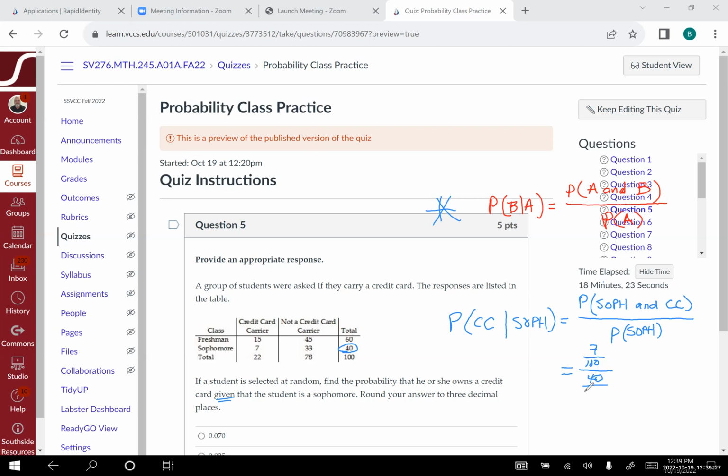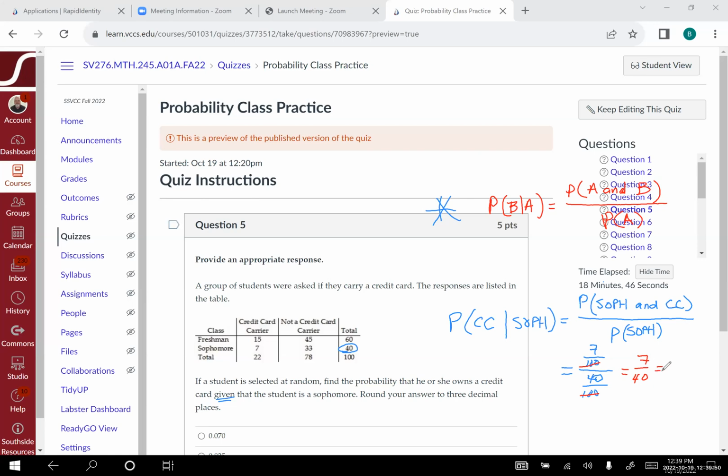In the sample? 100. Still 100. So you can see that here again, these denominators match, so they end up just canceling out. And you say, well, why do you keep writing them down? Well, because the question was, what's the probability of being a sophomore? And the probability of being a sophomore is 40/100. So that's why I did it, trying to be good.